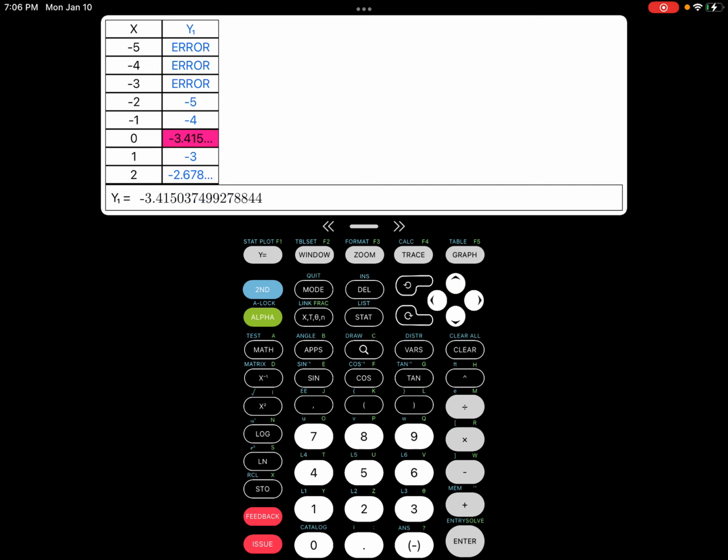So here is my y-intercept. X is equal to 0, so y is equal to -3.4 approximately.